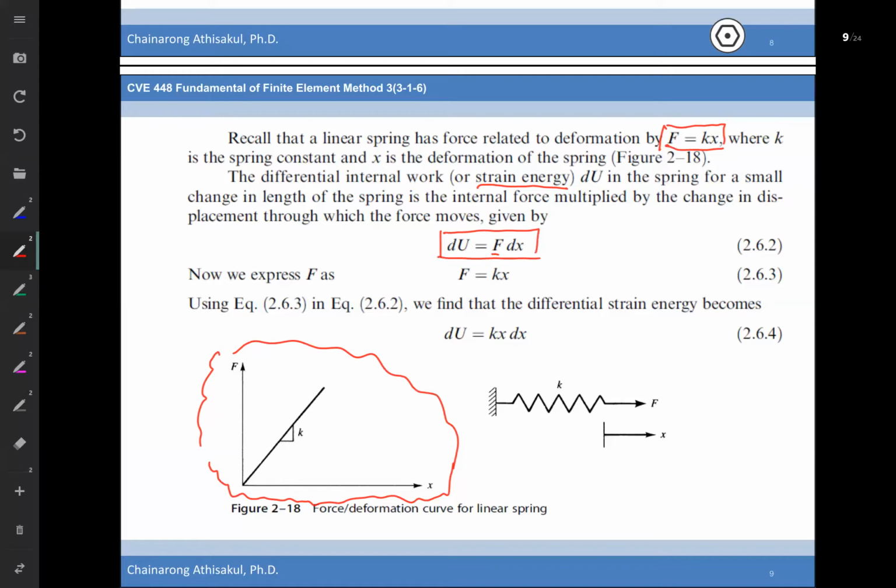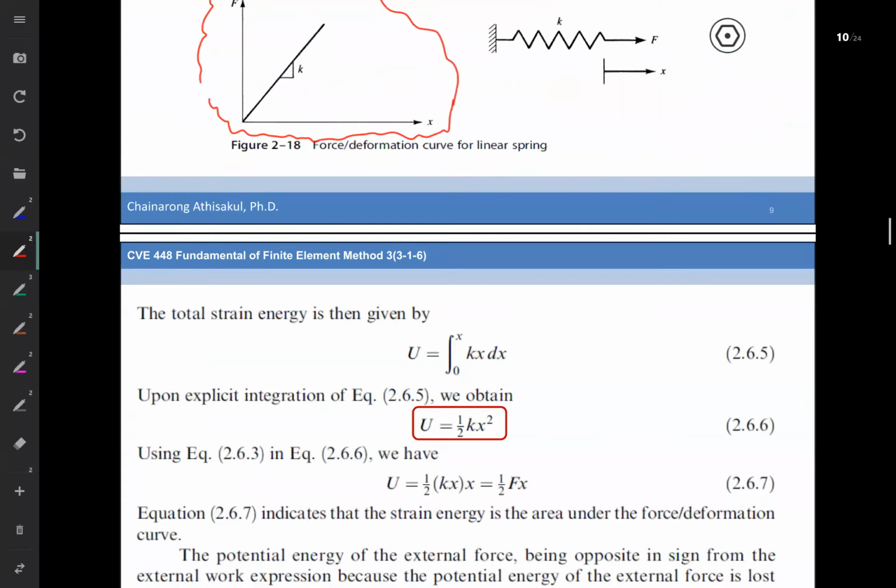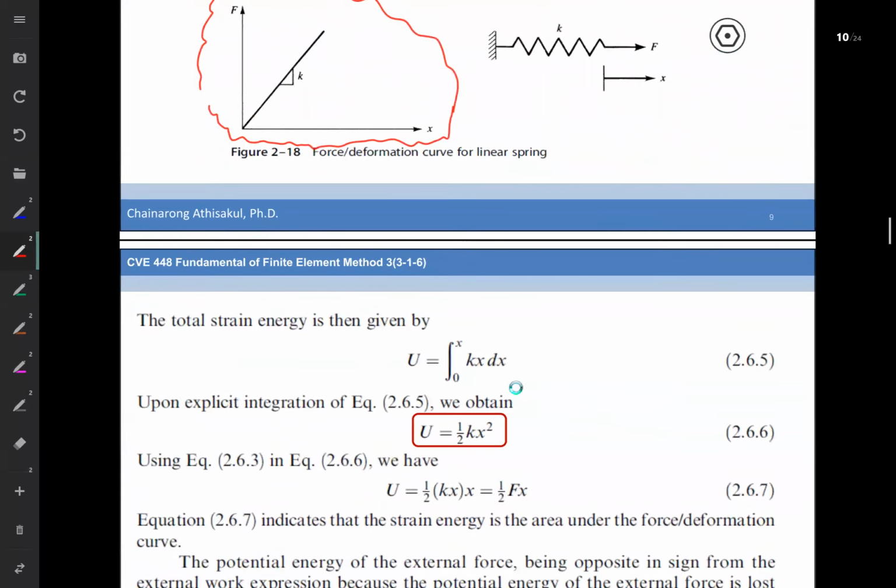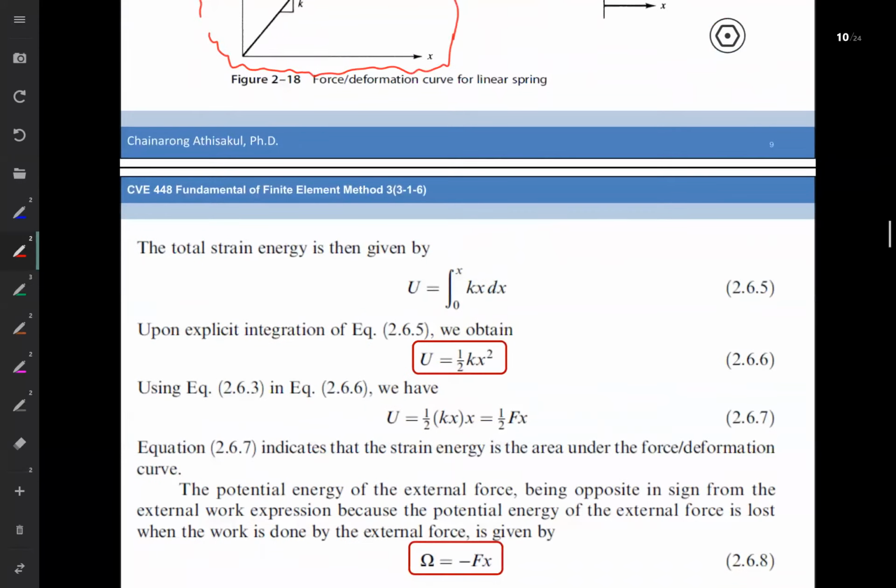If we substitute the force F equal to kx into this equation, we obtain dU equal to kx dx. So if we integrate both sides, we obtain U equal to the integral of kx dx. Then if we substitute the limits of integration from 0 to x, we obtain that the strain energy due to the spring is equal to a half kx squared.